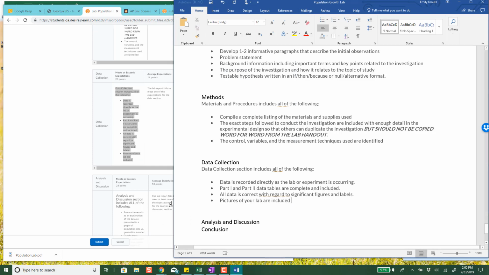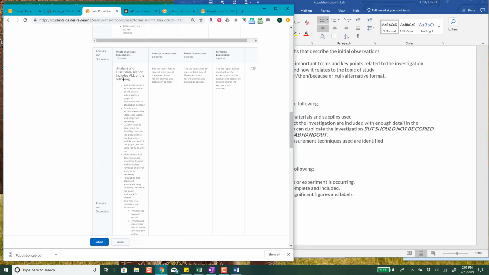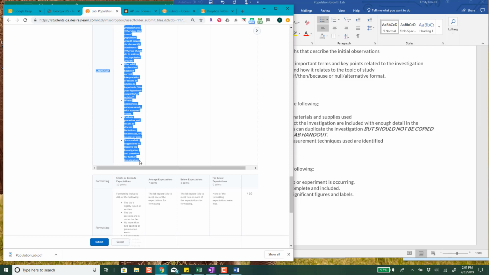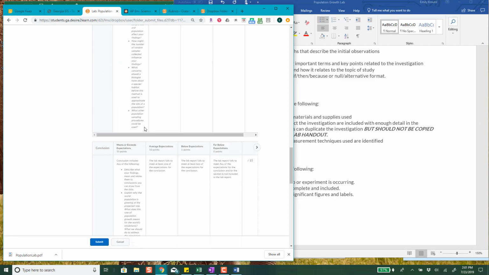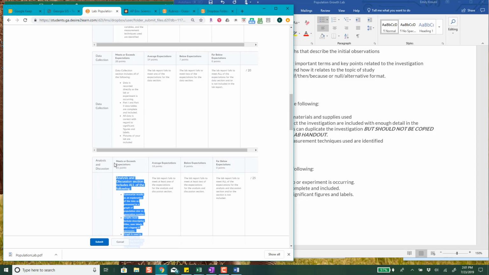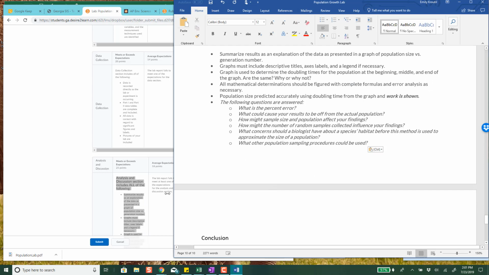You can make sure you've got all of these parts, and then you'll know you definitely are getting full credit for this lab because you've included all of the required parts.